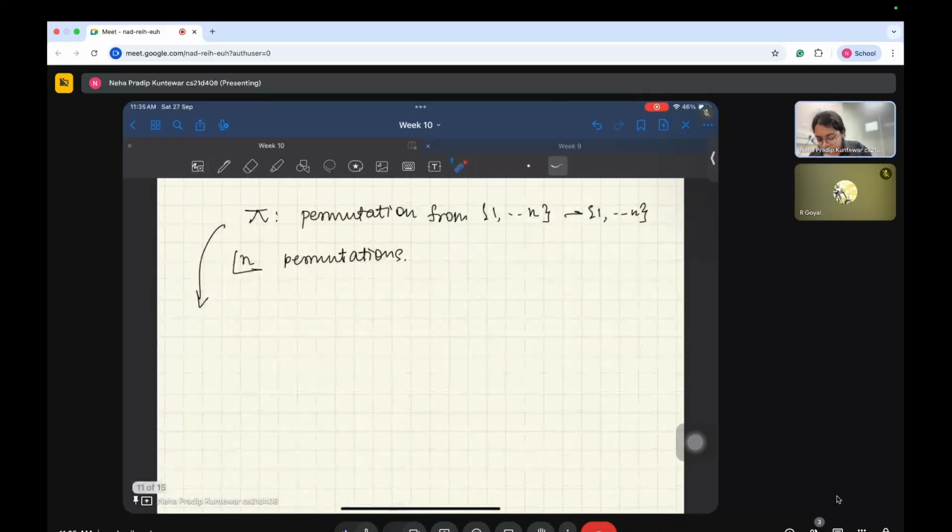Give me a second. I just want to make sure of what I have in mind. I want to write the determinant in terms of these signs and these permutations. So let's say A is the matrix that we have.